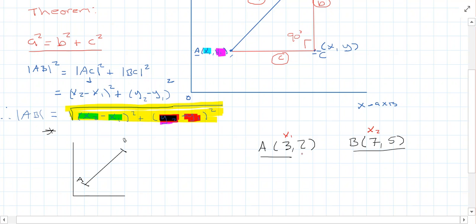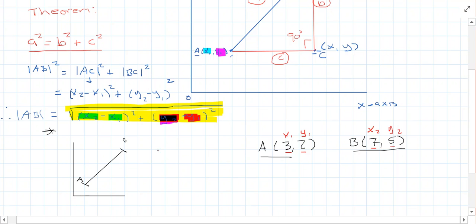Then on the right hand side, these are the y coordinates, so the first point is y1 and the second point is y2. So all you're doing is identifying which is x1, x2, y1 and y2. You always let the first point be x1 and y1 and the second point be x2 and y2.